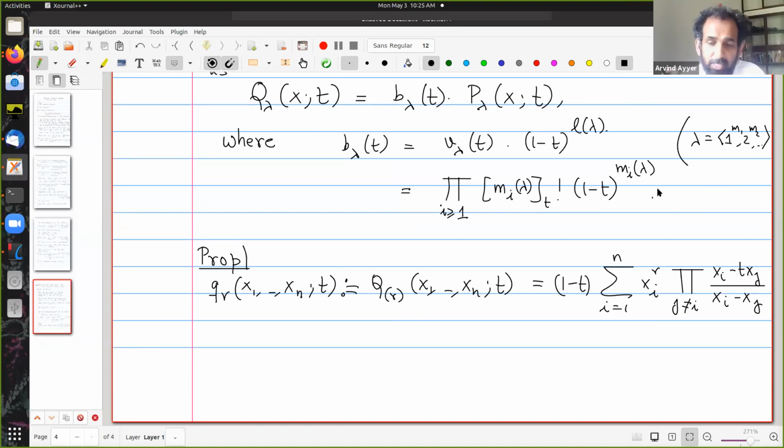The other option would be to count the zeros in the length. No, L lambda is m_1 plus m_2 plus m_3 and so on.